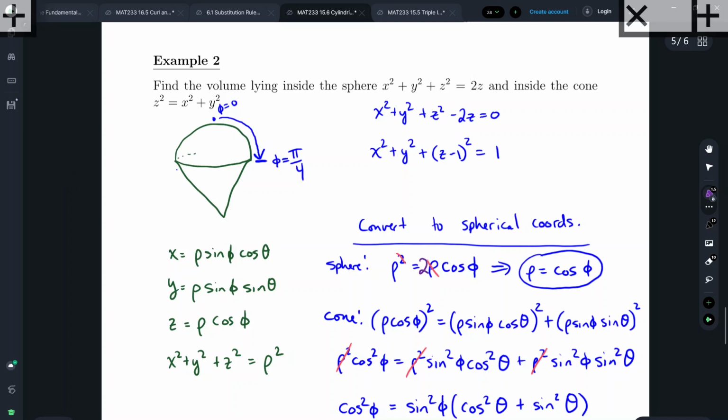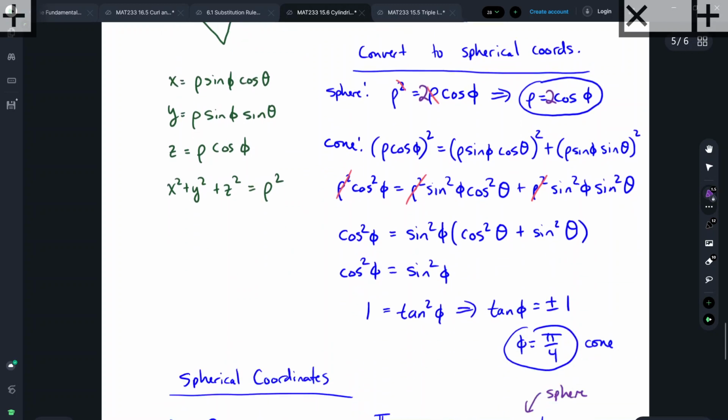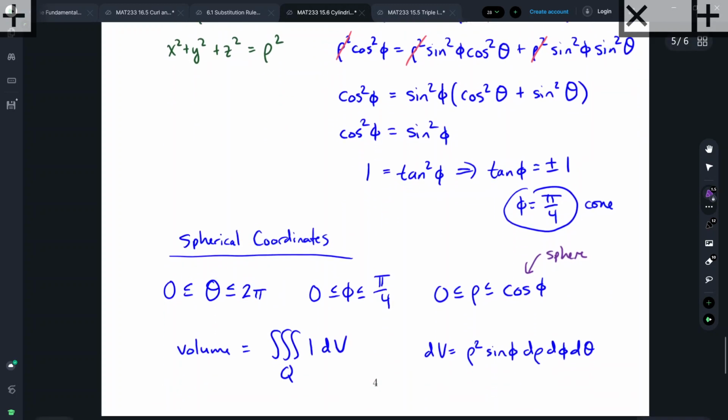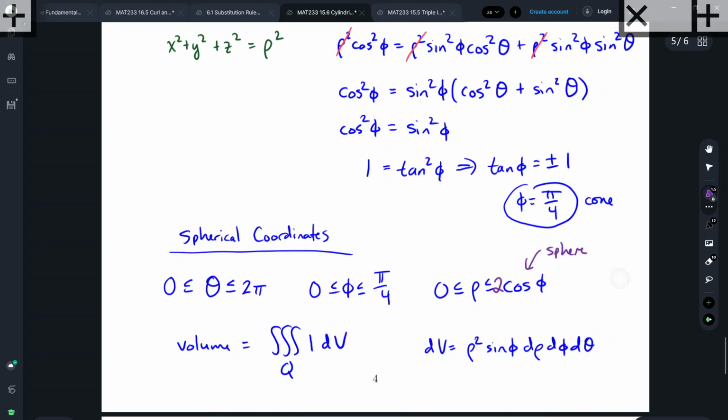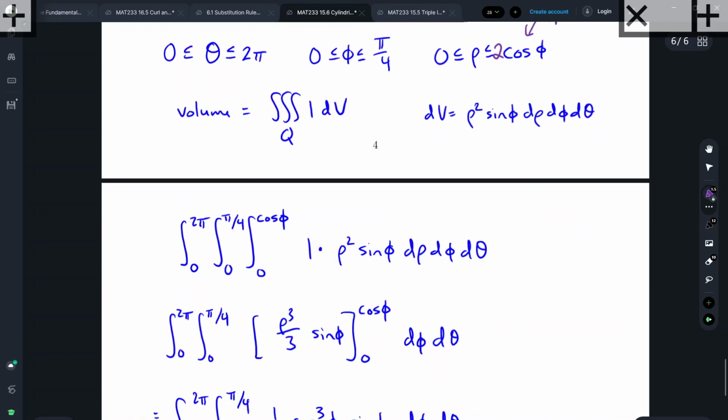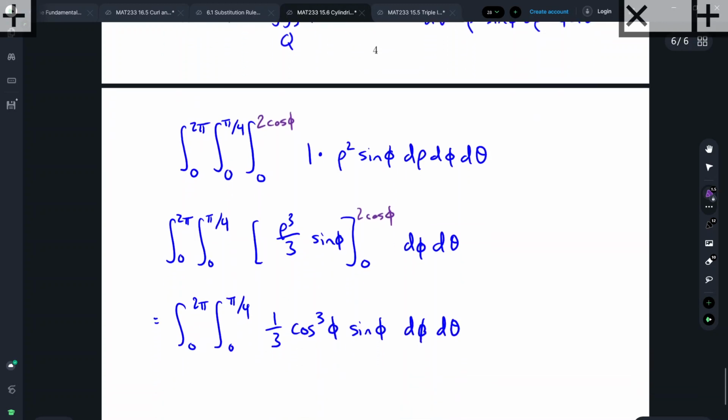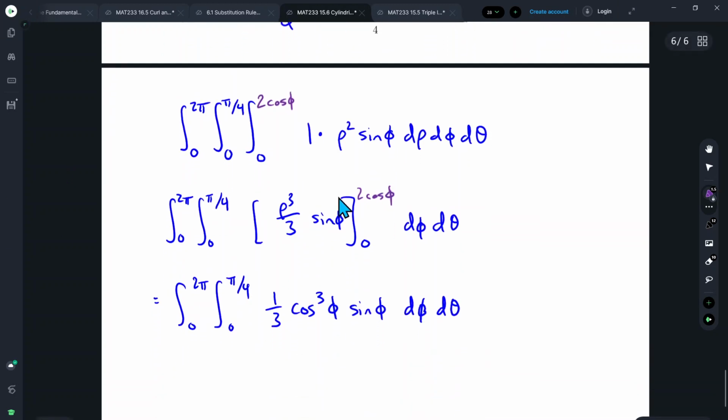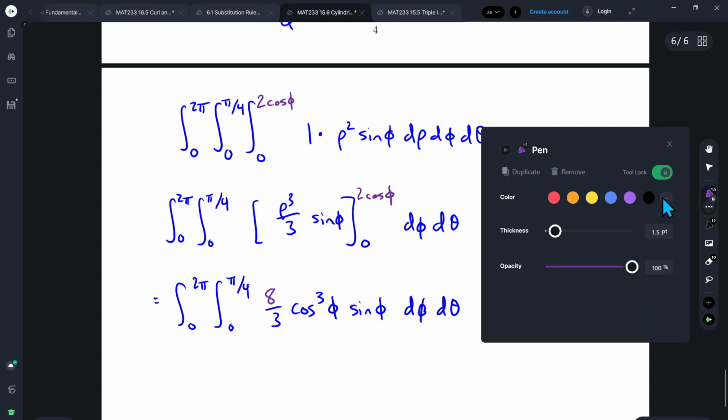So this should be 2 cosine phi. That throws things a little bit off, right? There should have been a 2 cosine phi here, and there should be a 2 cosine phi here. When you substitute it in, 2 cubed is 8, so I have an extra 8 here. Okay, so that should fix things.